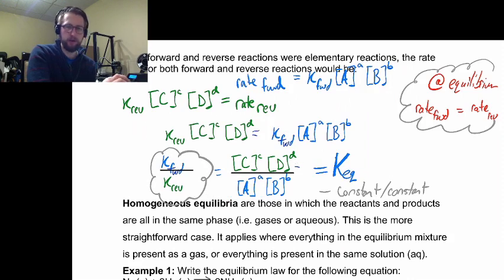So we have created a much more complicated looking equation, certainly. It has more variables, so this is one of the reasons we do this second to the rate law.